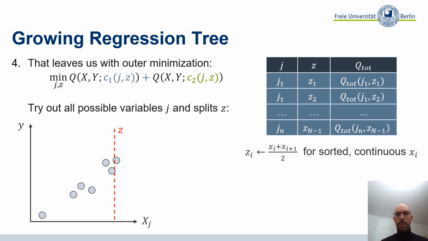So if we have n data points, we only have to try out n-1 possible splits. And then we repeat this for all possible x's. If our data has d dimensions, we repeat this for d dimensions. So in total, we would have to calculate d times n-1 losses, and then we would simply pick the best split variable and value for that loss.